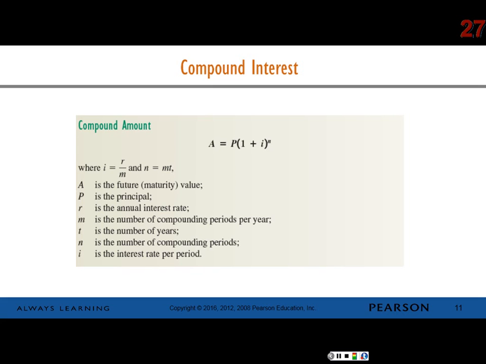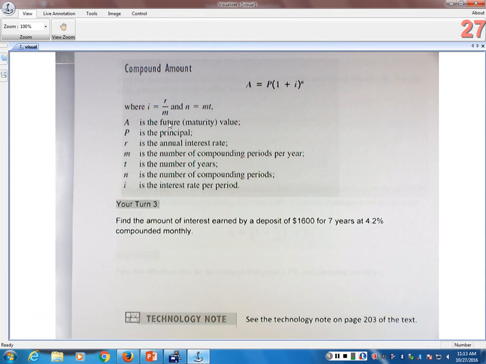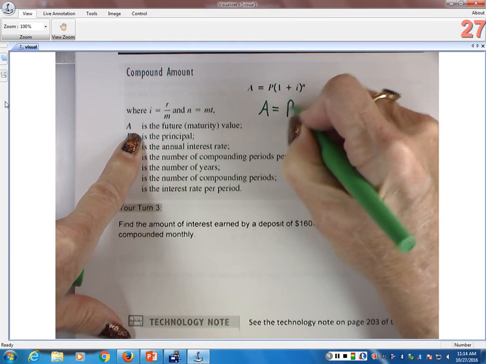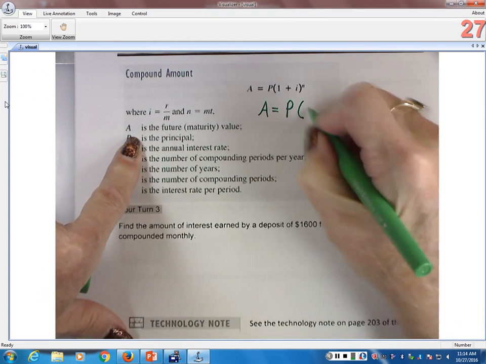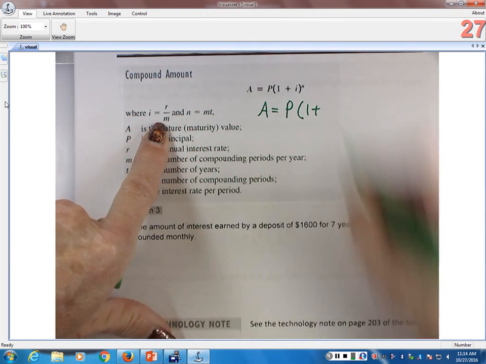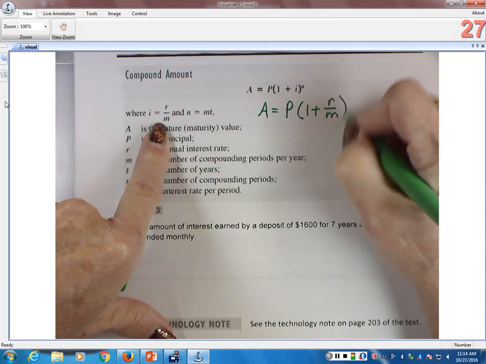I'm going to go over here to the notes for a second, and I'm going to give you a slightly modified version of that before we go on. One that it might be easier for you to remember how to do everything all at once. A is the future value. P is the present value times 1 plus, it tells you right here that I is R over M. So go ahead and put that in the formula.